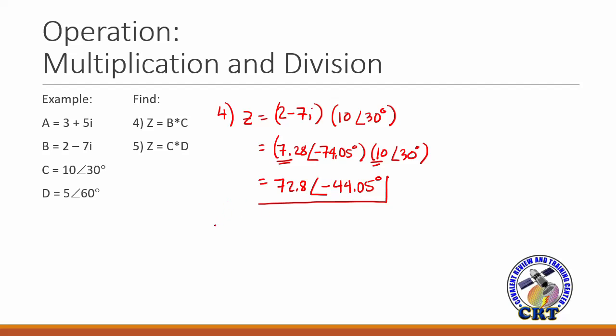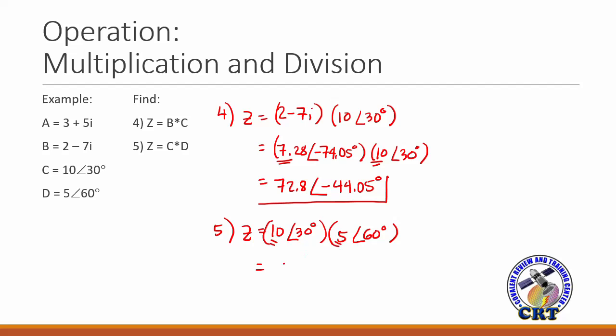And for number 5, z equals c, that is 10 angle of 30 degrees, times d, which is 5 angle of 60 degrees. Since all the complex numbers here are already in polar form, we can perform the multiplication directly.